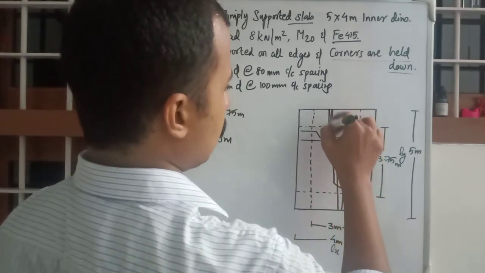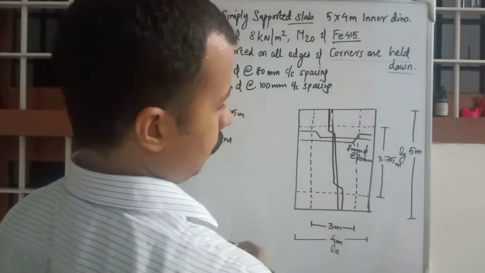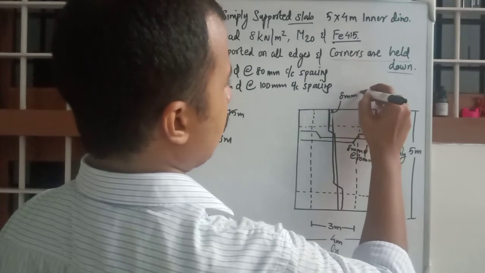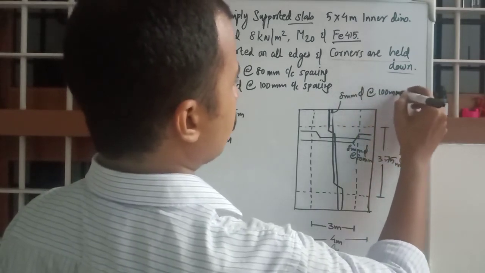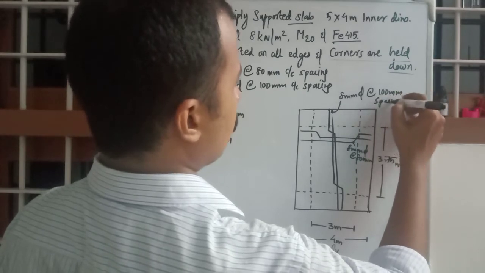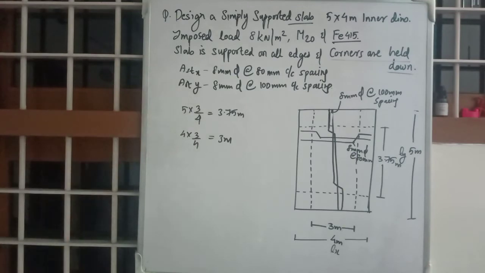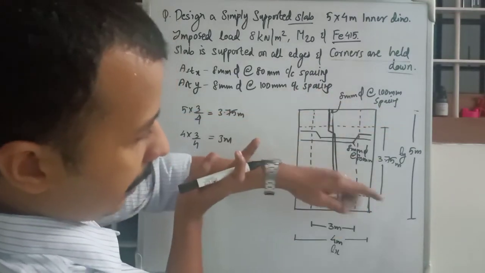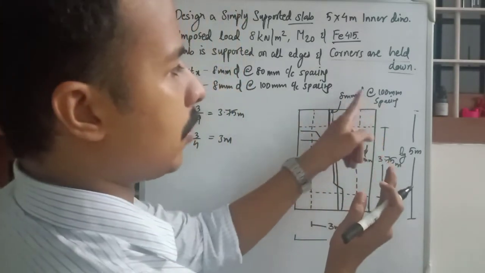It will be 8 mm dia at 100 mm spacing, that is ASTY. So we have filled reinforcement from this point to this point as this value, and this point to this point as this particular value.